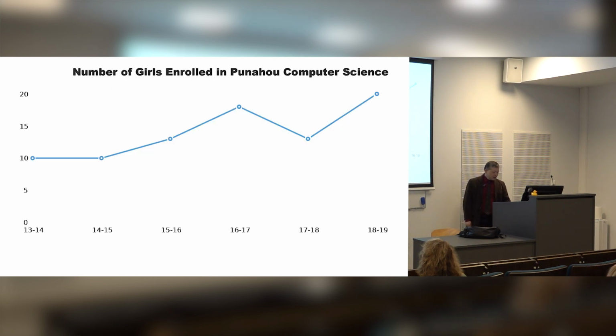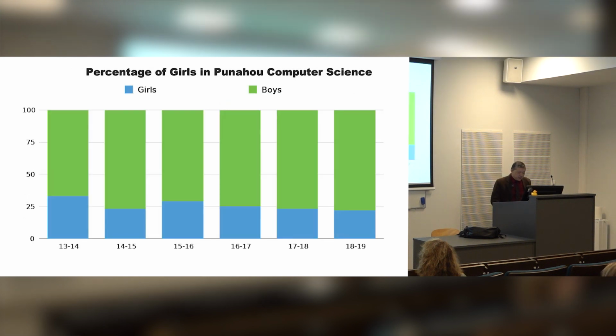And what happened over the course of a number of years is that the number of girls doubled, basically, in computer science. We doubled the number of girls taking computer science at Punahou. But what's interesting is that if you look at the percentage of girls over those 6 years, the percentages stayed about the same.